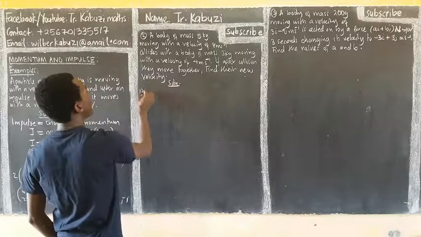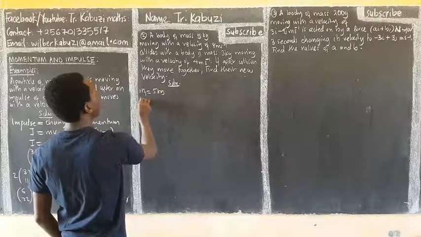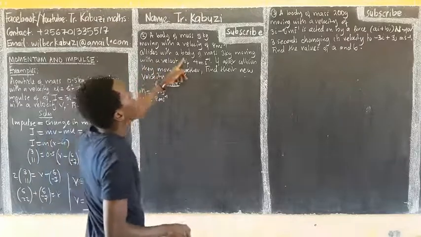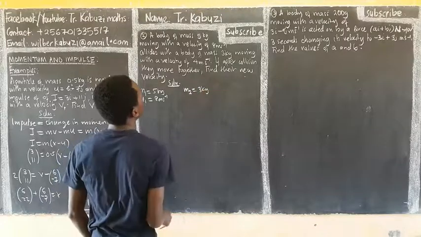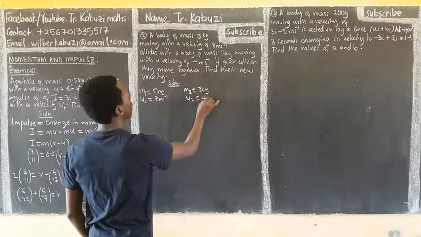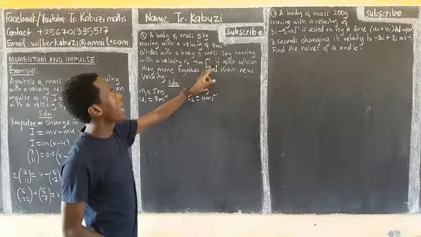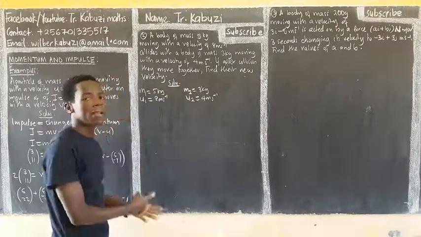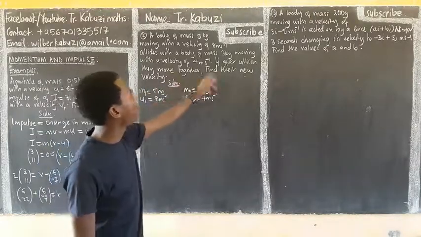We have m1 equal to 5 kg, u1 equal to 8 meters per second, collides with a body of mass m2 equal to 3 kilograms moving at a velocity u2 of 4 meters per second. Before collision, these are always initial velocities. After collision we get the final velocities. After collision, they move together. Find their new velocity.